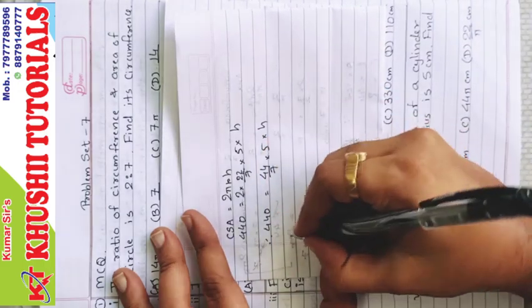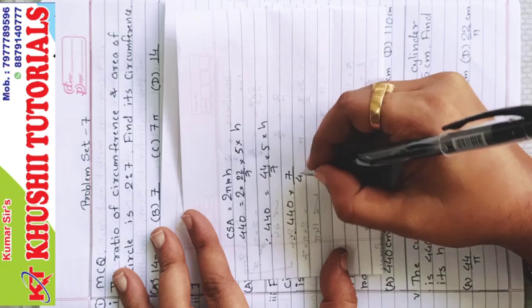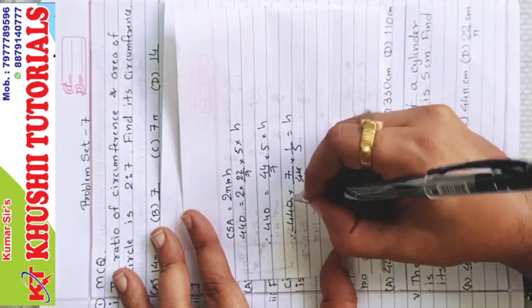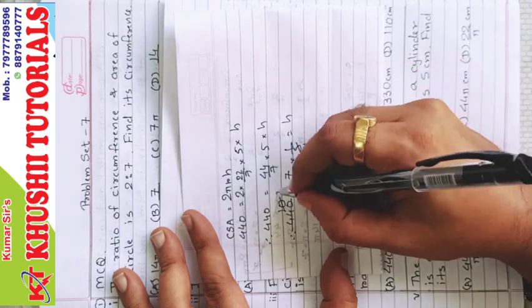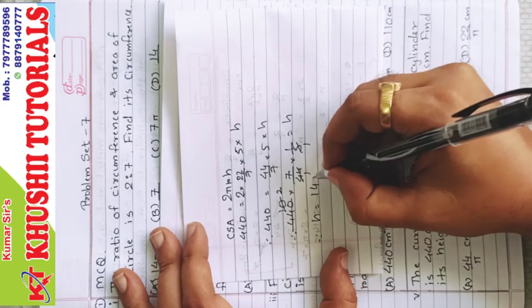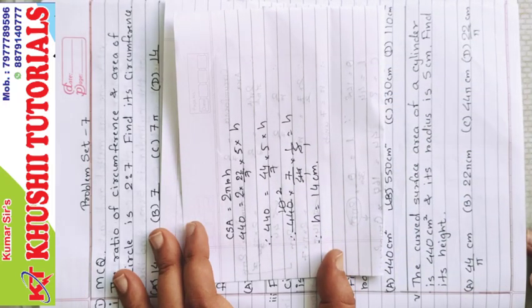These both will come here and we get the reciprocal. So 440 into 7 upon 44, into 1 upon 5, equals h. 44 ones are 44, tens are 5 ones are 5, twos are, and height equals 7 twos are 14 centimeter. So we have height as 14 centimeter.